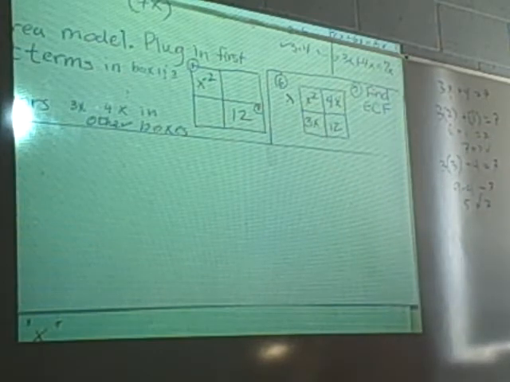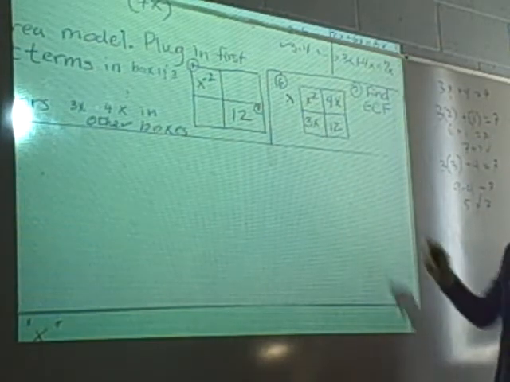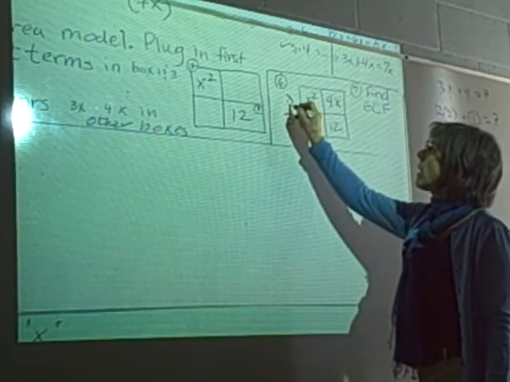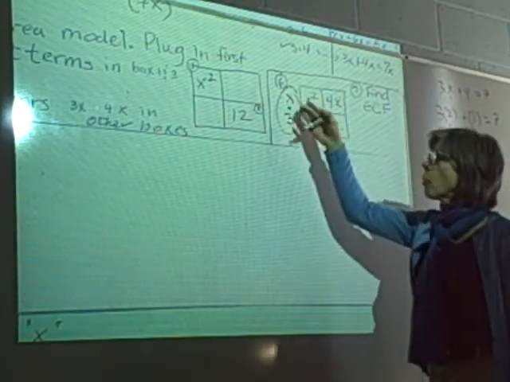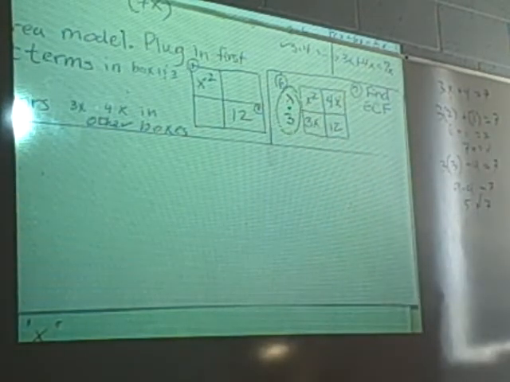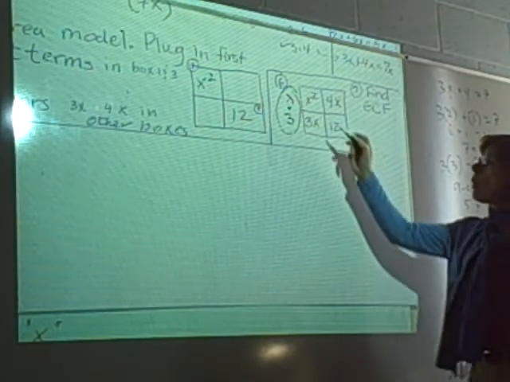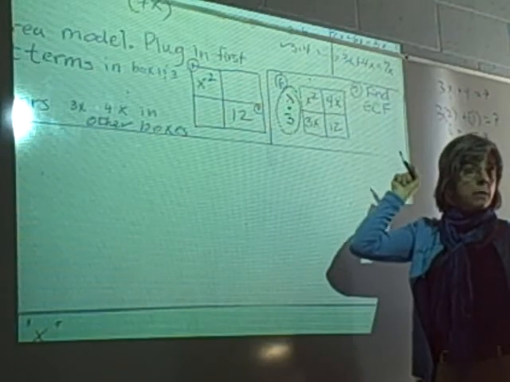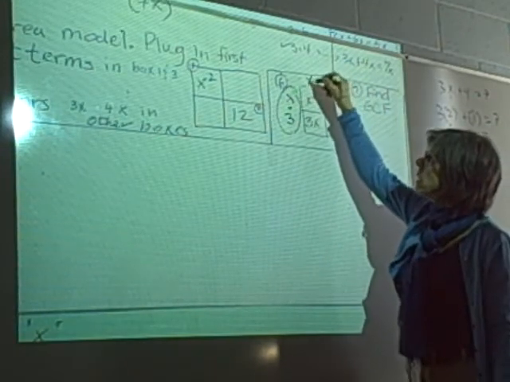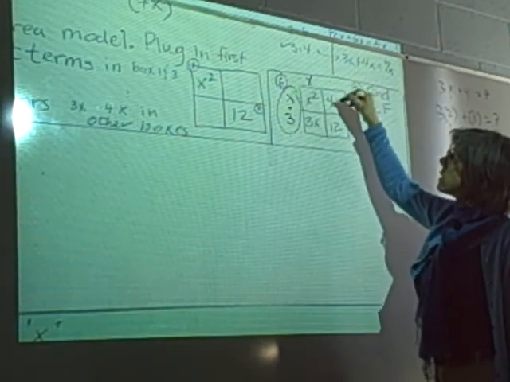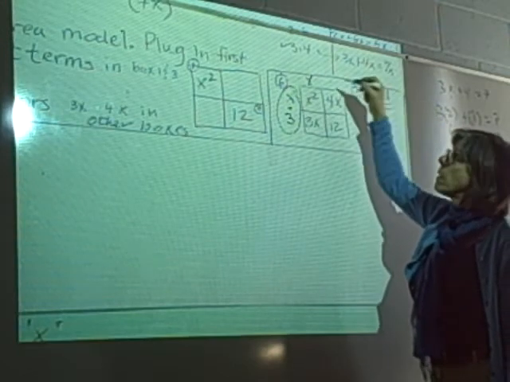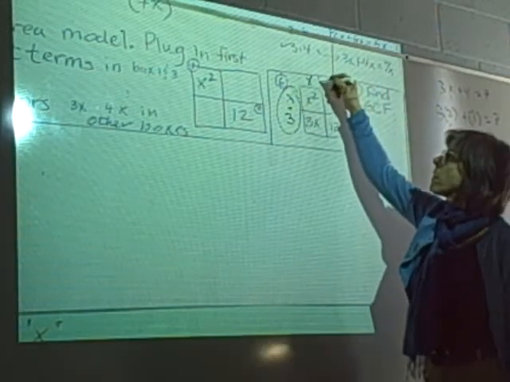What do they have in common? 3. Okay, guess what? I now have one of the binomials, and when multiplied we'll have to find the other one. Well, x times what gives me x squared? X. X times what is going to give me 4x? 4. I have the binomial.